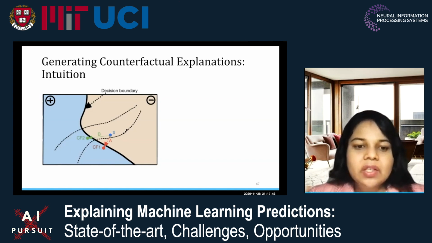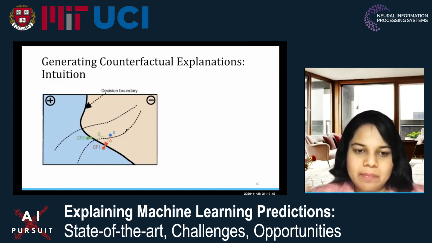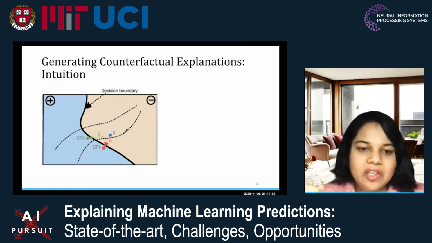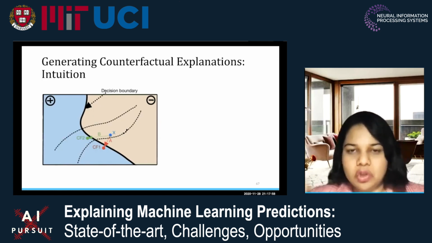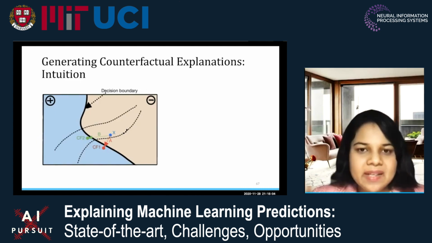So in this case, you see 2 points, CF1 and CF2, which are both counterfactuals of X. CF1 is obtained by moving X in the direction A, and CF2 is obtained by moving X in the direction B. And as you notice, both CF1 and CF2 are on the positive side of the decision boundary.